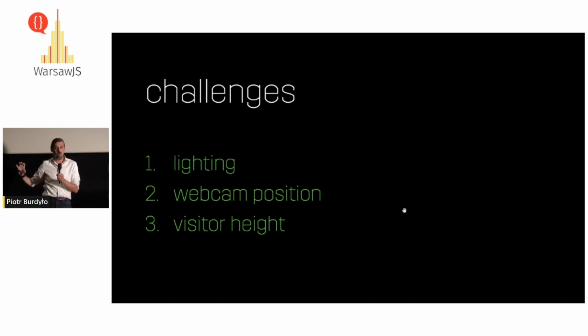We decided to have it on both to suit both tall people and kids. But having a webcam on the side meant that we are taking pictures of the visitors in side profile, slightly from the side. It was better when they moved slightly backward, and worse if they were closer, but still it was a problem with this position.